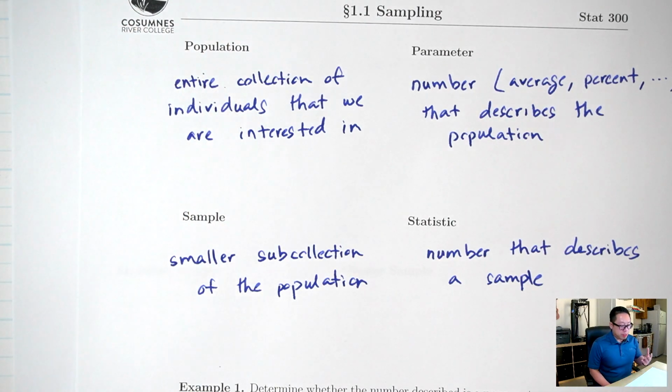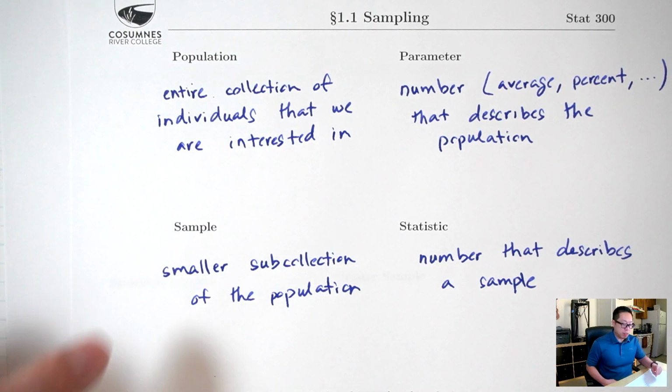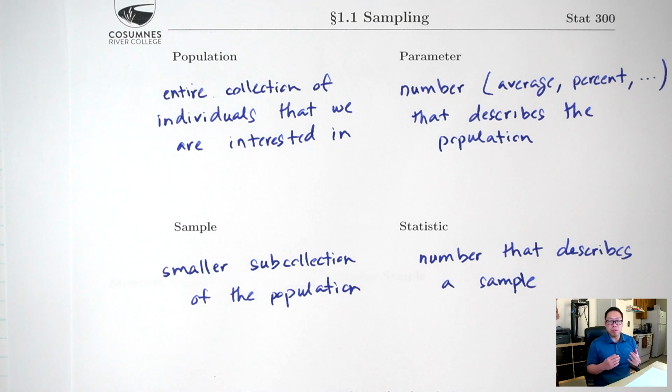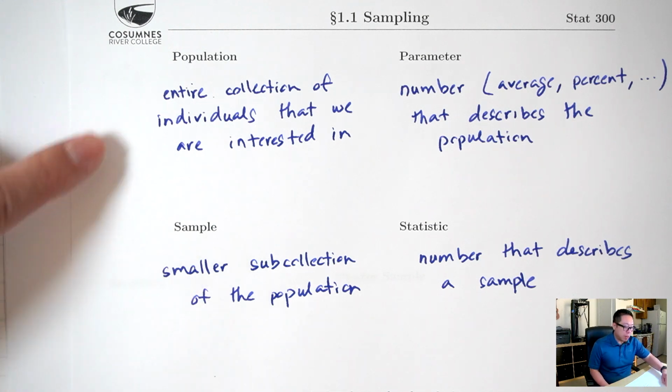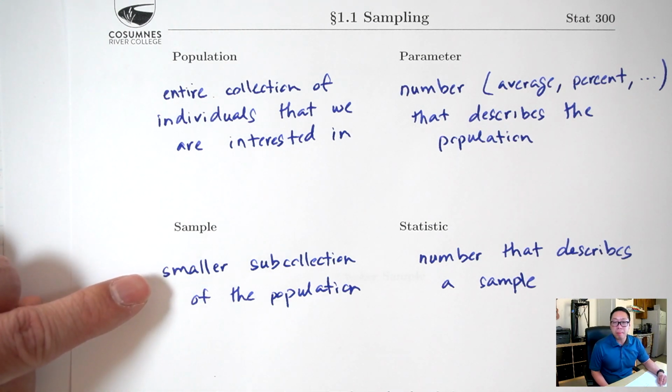What we want is that everybody in the population has a chance of being in our sample, right? And randomness is kind of the best thing that we have to ensure that everybody in the population has an equal chance of being in the sample.